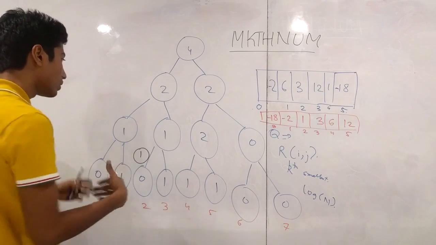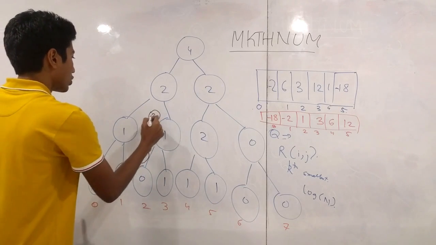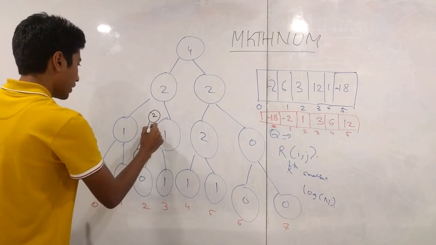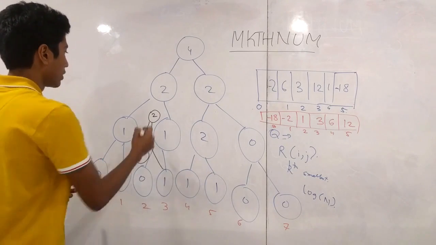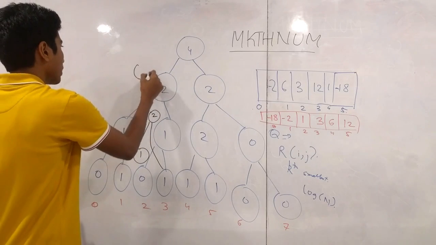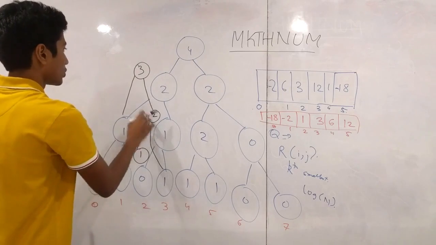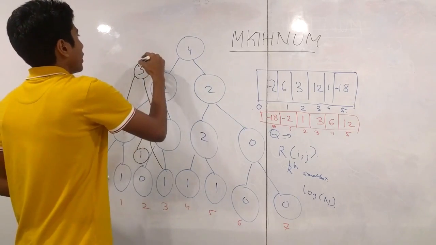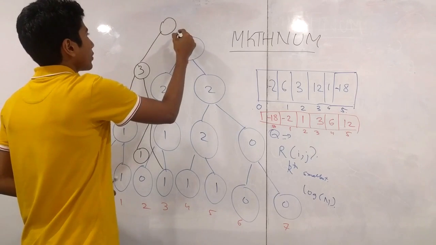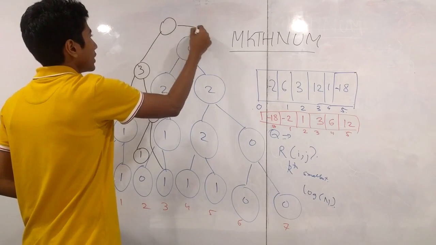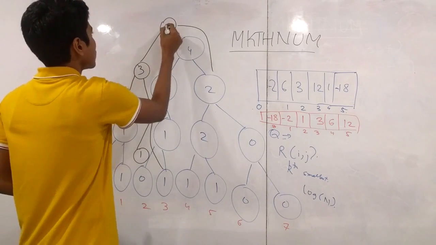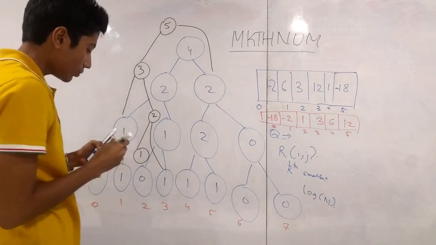Its parent in turn changes to 2, with left child of this and right child pointing here. This parent again gets updated to 3 because its left child and right child are pointing here. 1 plus 2 is 3. And finally the root itself is modified because it has a right child here, 2 plus 3, which is 5. Alright.